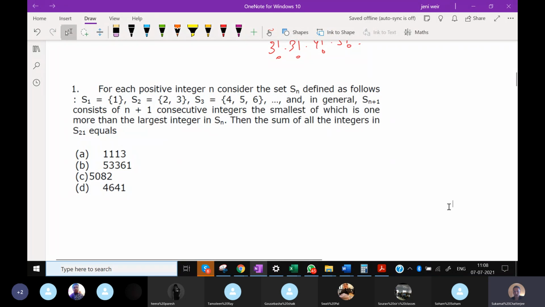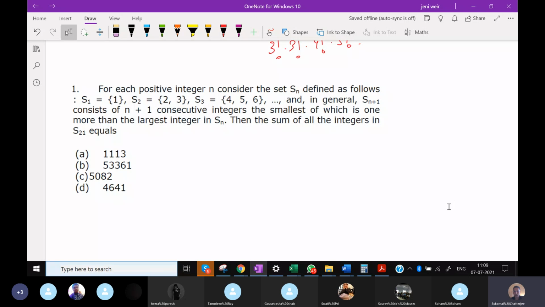Now, this kind of question has been repeated in several of these competitive exams, and they are given in different formats, but the concept remains the same. So basically, this question talks about positive integers n.